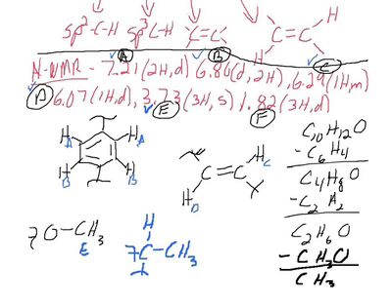So I know that this is a doublet, right? How many nearest neighbors must I have to be a doublet? So I have to be next to a CH, right? I did add an extra hydrogen here just to emphasize that this has to be next to a CH.